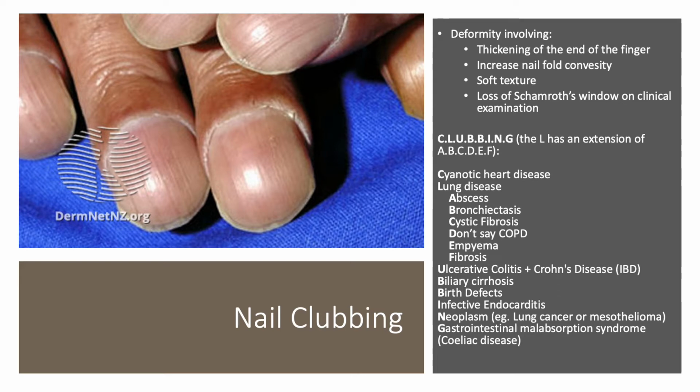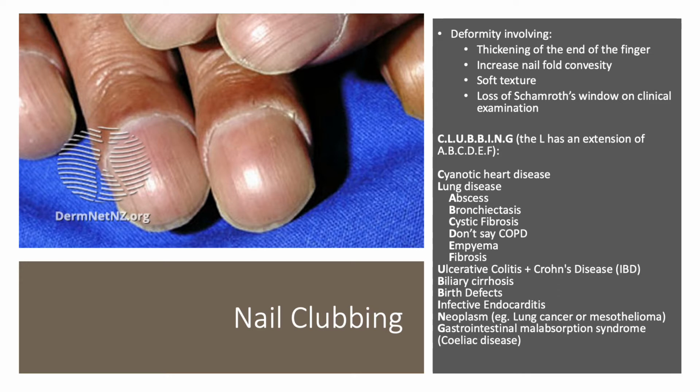So what is nail clubbing? Nail clubbing is where you have a thickening of the end of your fingernails and an increase in your nail fold or convexity, and your nail has a soft texture, and you lose what you call the Schamroth's window on clinical examination.